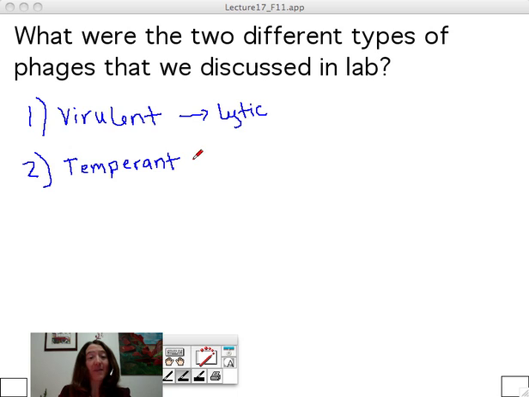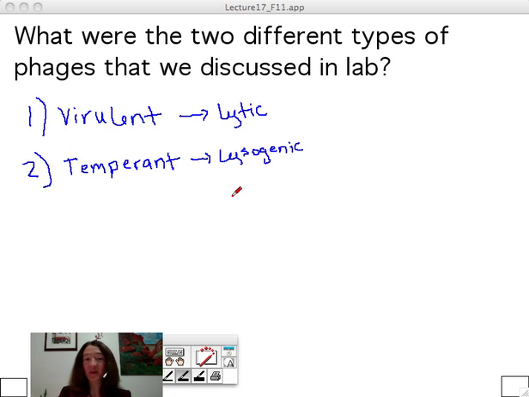We call that pathway the lysogenic pathway. Oftentimes that's a random integration. One of the most famous temperate bacteriophages is called the lambda bacteriophage, and it integrates in a random spot within the host cell chromosome.